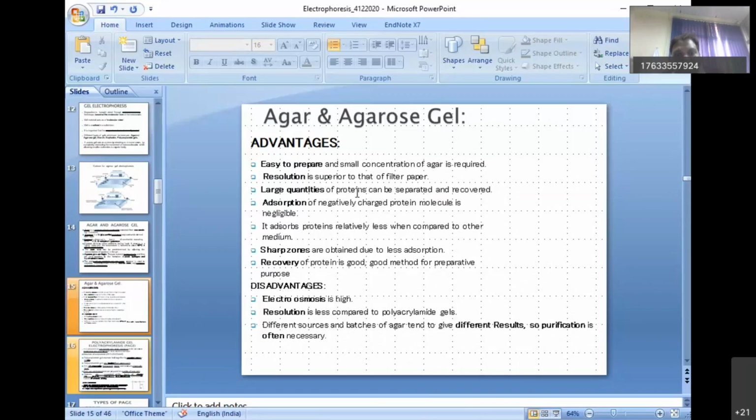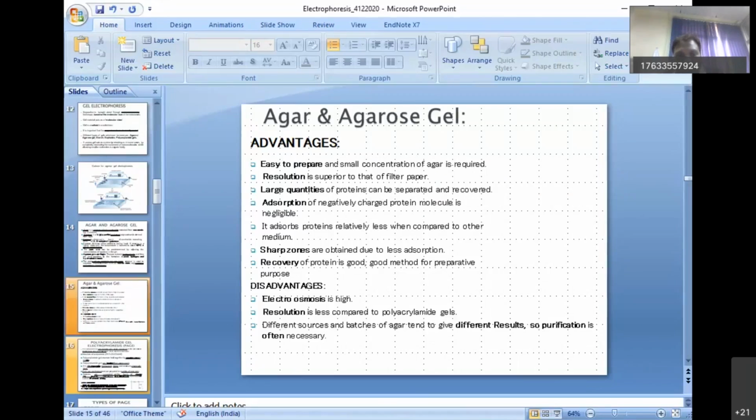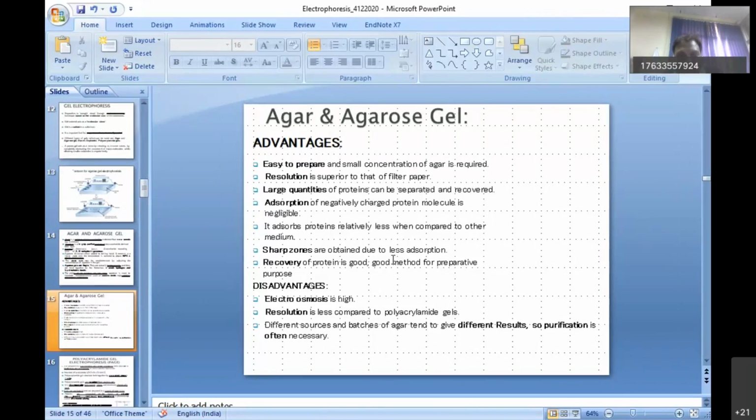A large quantity of proteins or DNA can be separated. Absorption of negatively charged protein molecules is negligible basically. And recovery of the protein is good, a good method for preparative purposes. And the disadvantage: electroosmosis is high, and resolution is less compared to polyacrylamide gel.